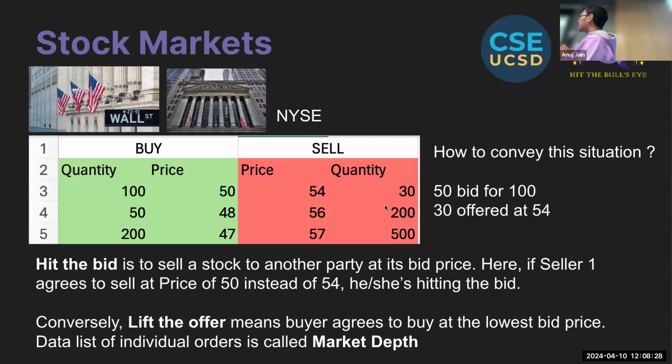Hitting the bid and lifting the offer respectively means that you are agreeing to the buyer or seller price, which is already on the top of that market depth. Market depth is all this list of orders that people have placed.